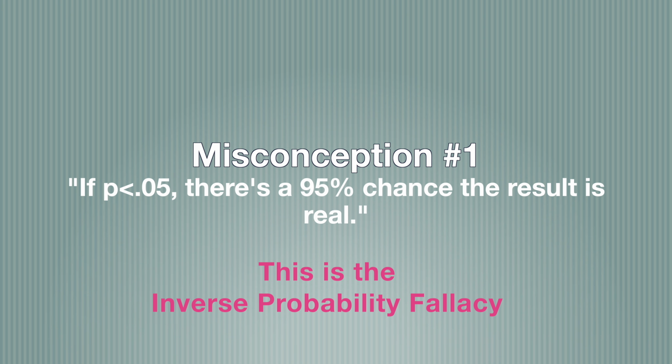Those are different things. Here's an analogy. Suppose I tell you, if it's raining, there's an 80% chance the grass is wet. You see the grass is wet. Can you conclude that there's an 80% chance it's raining? No. The grass could be wet because someone watered it, or because of morning dew, or 100 other reasons.